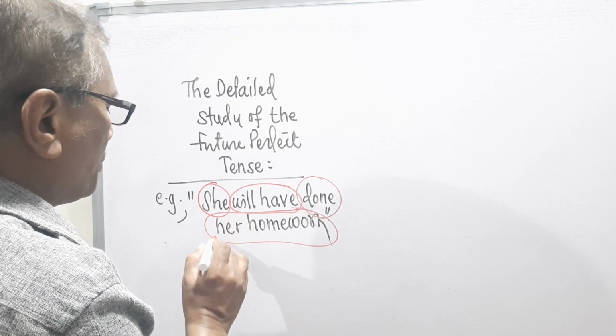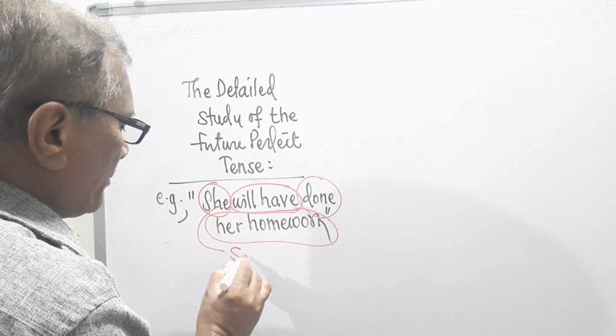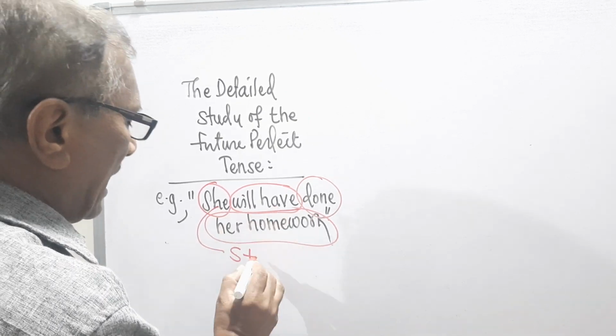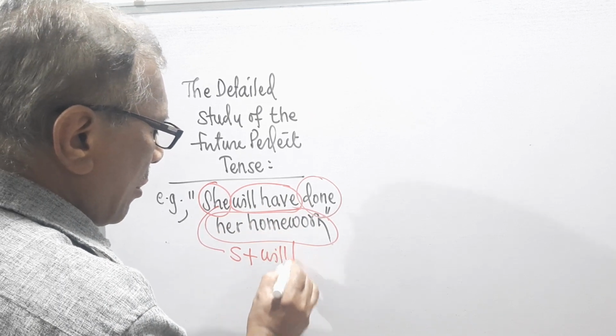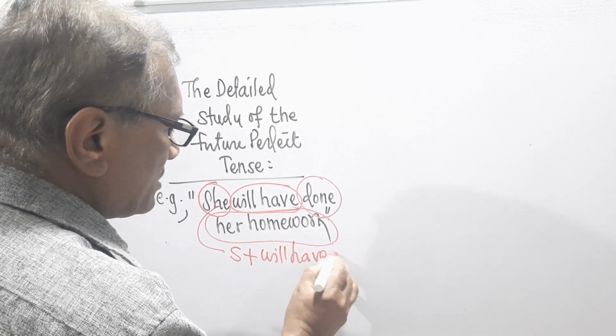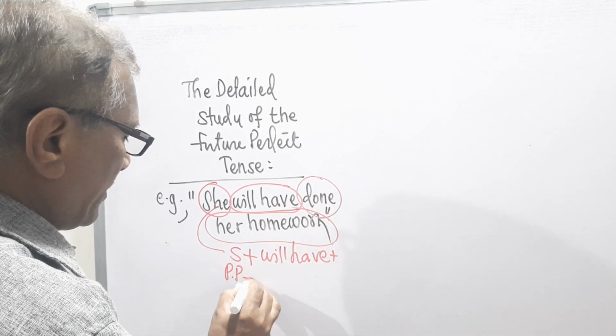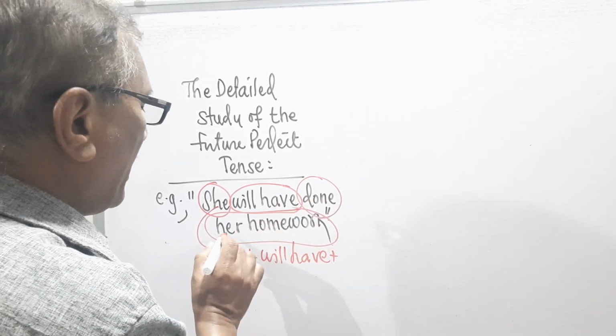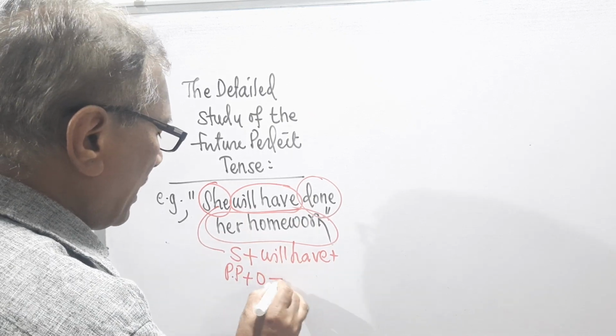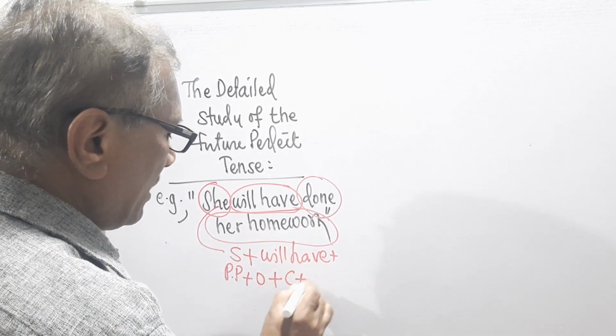We should take at first the subject plus will have plus PP, means past participle of the main verb, then object, and then complement, and then full stop.